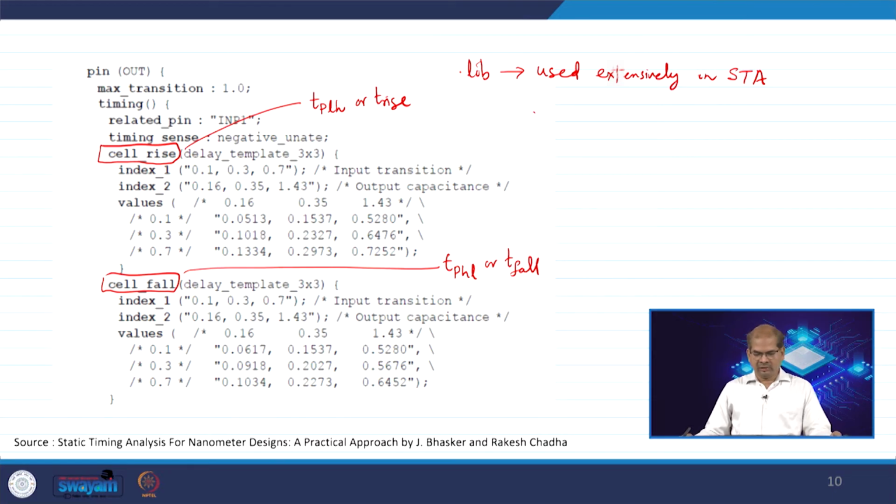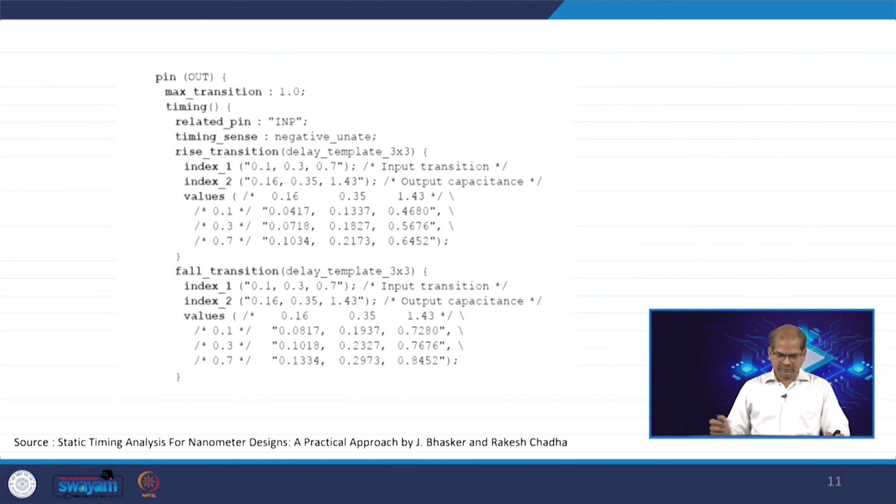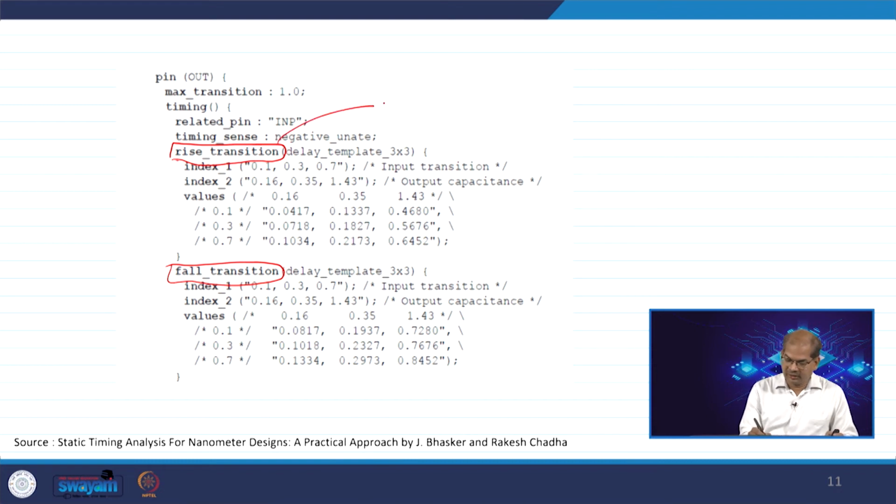Okay. So, similarly, you have rise transition and the fall transition. This rise transition is related to your output signal rise transition, and this is related to output signal fall transition.